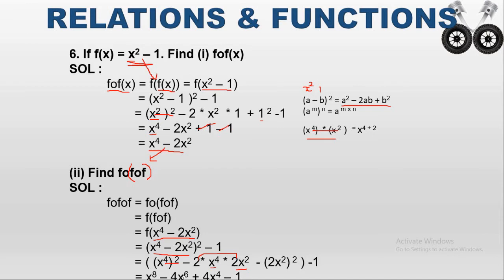So here you have to write it as x power 6. Then plus 2x square whole square. 2 square value is 4, x square whole square is x power 4, minus 1. So those are the f composition f composition f values.